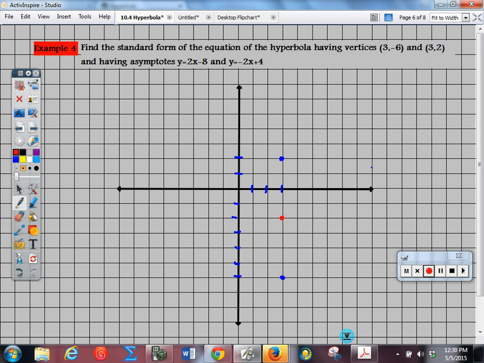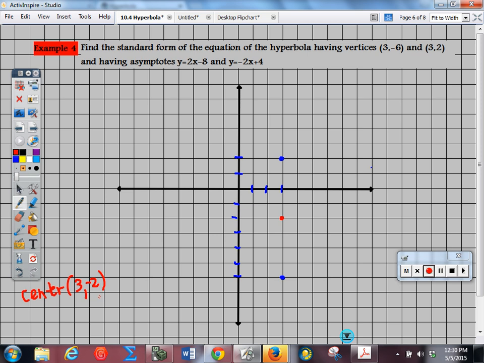Okay. And now I have the asymptotes. The main thing I care about with the asymptotes is I need to know the slope of them for one. And if it goes through this point right here, I can just graph it from that point if I want. I mean, I can go, this is the slope, this is the y-intercept.